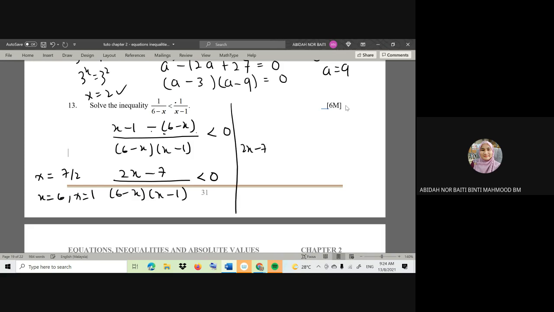So 2x minus 7, 6 minus x, x minus 1 from negative infinity. Siapa dulu? 6 ke 7 over 2 dulu ah? Kamu susun lah ya ni. Kamu susun saja. 1. Okay, boleh? 6 ke 7 over 2 dulu? 7 over 2 dulu. 6 positive infinity.